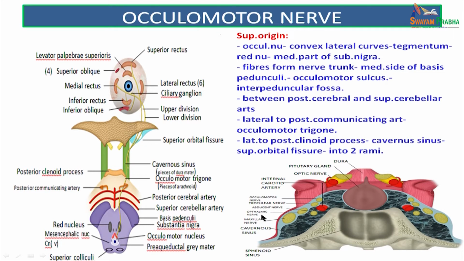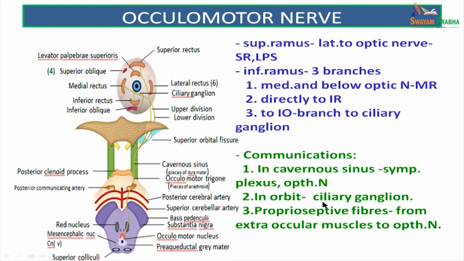So, in the cavernous sinus, the oculomotor nerve is related to the trochlear nerve just above that nerve. And the superior ramus, as it enters into the orbit, is lateral to the optic nerve, supplying the superior rectus and the levator palpebrae superioris.